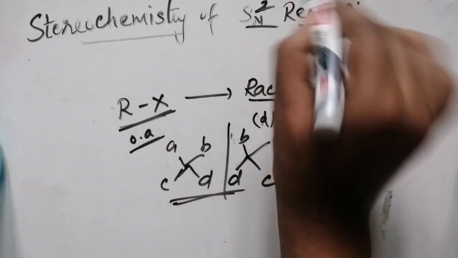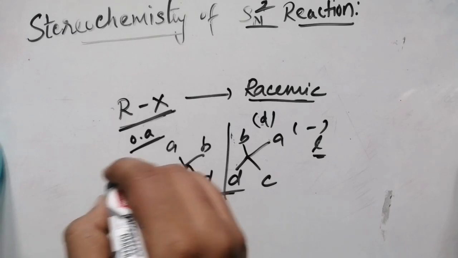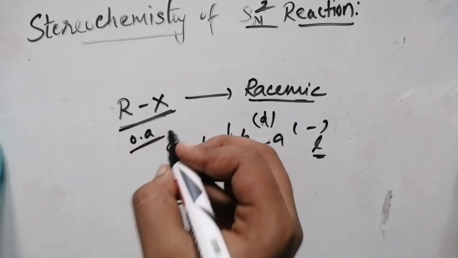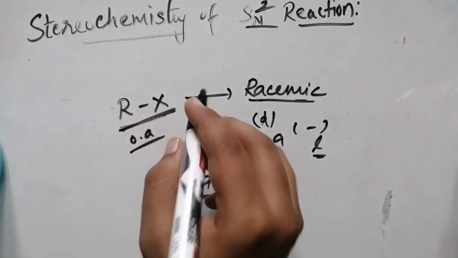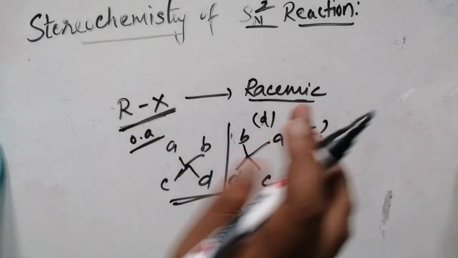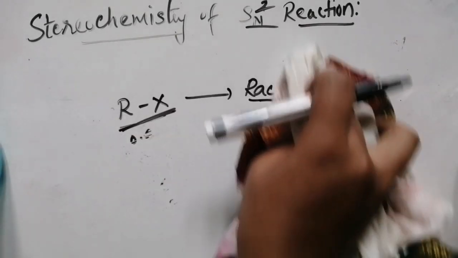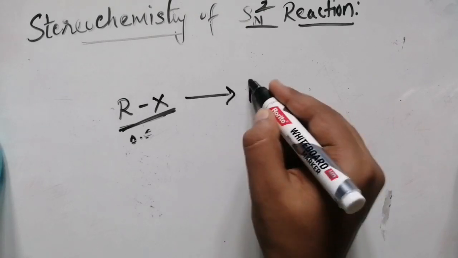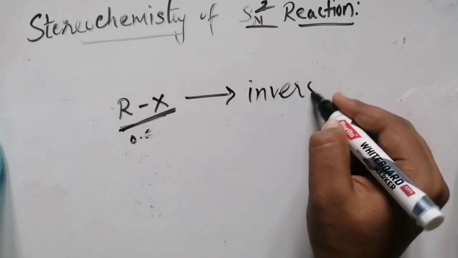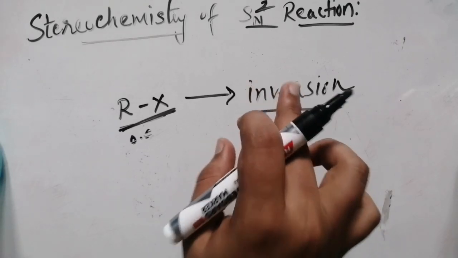Then SN2 reactions. If my optically active alkyl halide is there, then it is accompanied by inversion of the structure. That is what we called Walden inversion the other day.